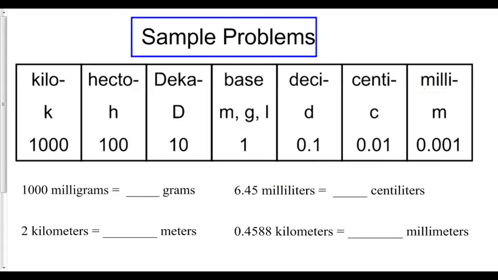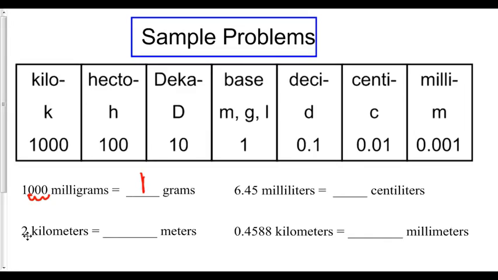So here are some more practice problems. I have 1,000 milligrams. I want to figure out how many grams that is. So I'm going to go from milligrams here. I'm going to move to the left 3 times. So when I take this decimal point and I move it to the left 3 times, I get that that's equal to 1 gram.